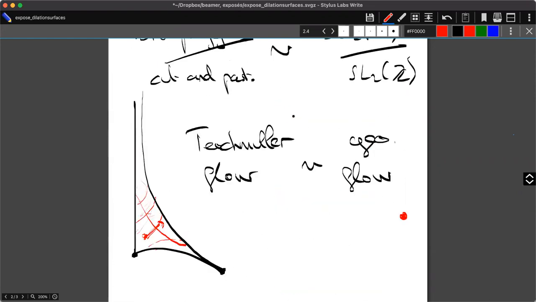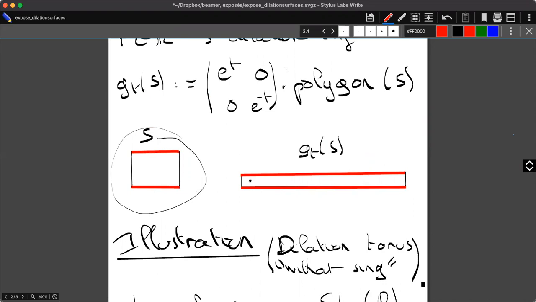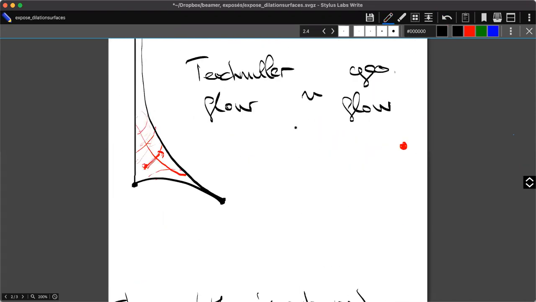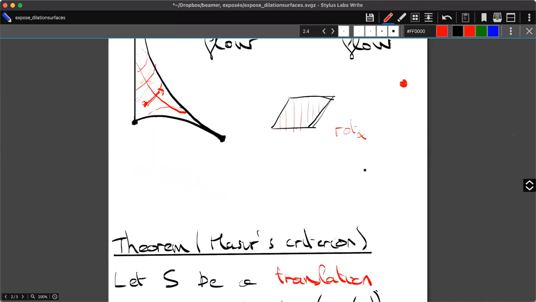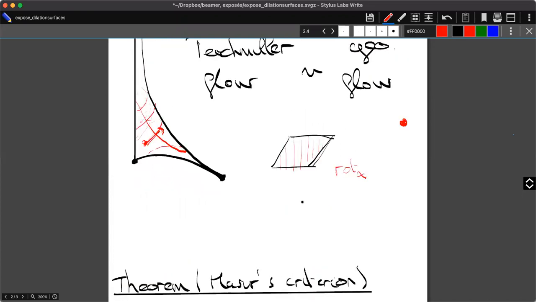So in this case, for example, the case of the torus: if you consider a flat torus, which is a translation surface, the first return map in the vertical direction here is just a rotation of a certain angle. And basically what you know is that if alpha is not rational, then the rotation is uniquely ergodic, so the foliation is uniquely ergodic.